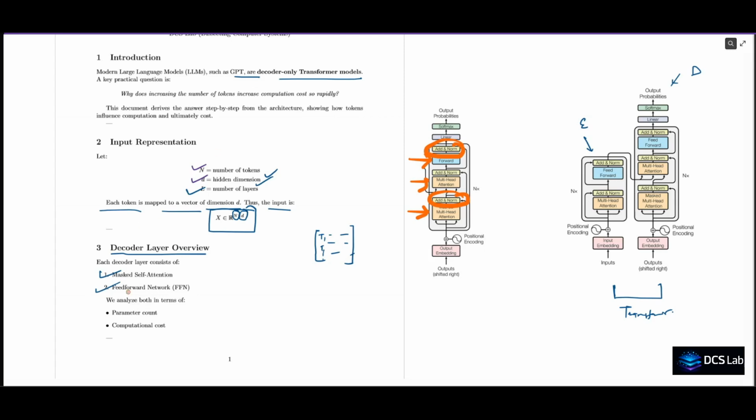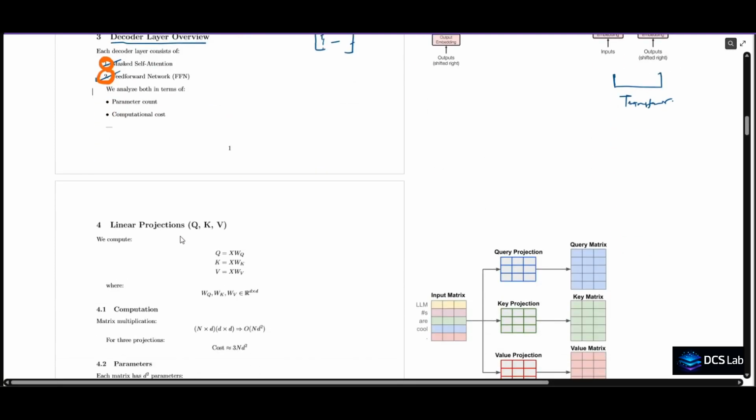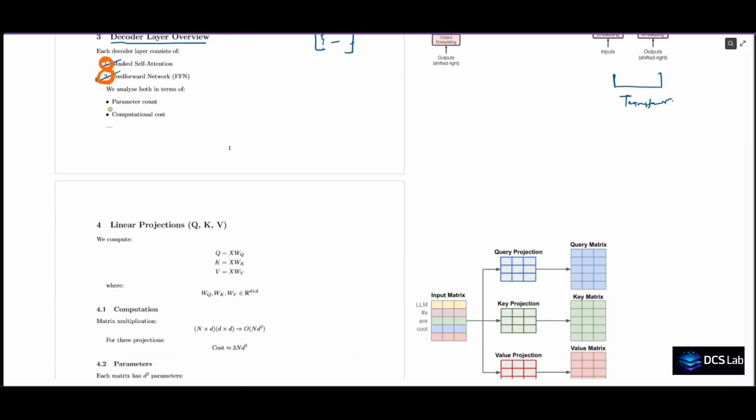Hence, for our calculation, we focus on the cost of the attention layer and the feed-forward layer.